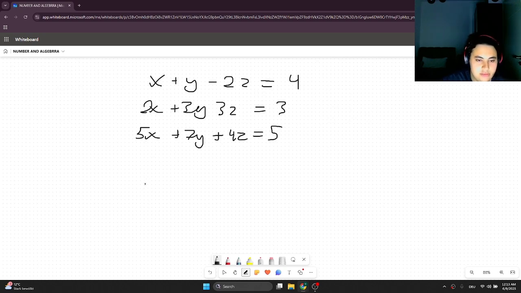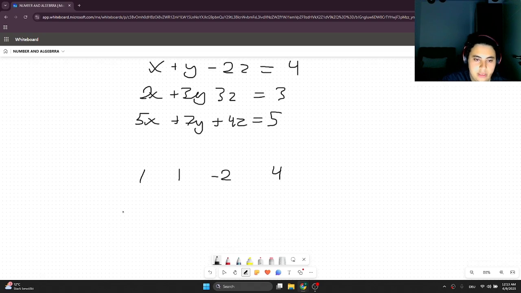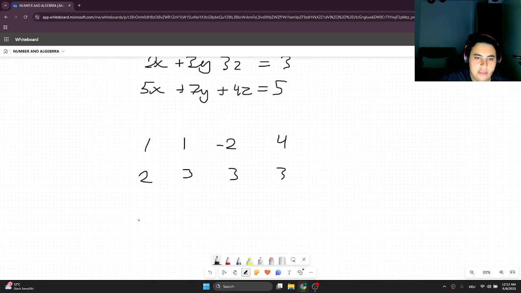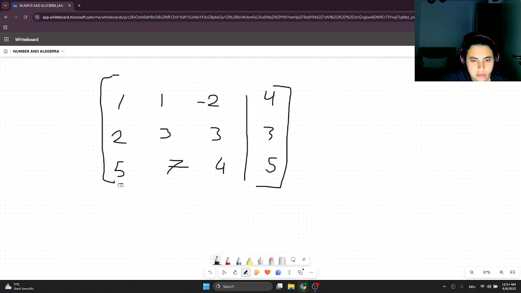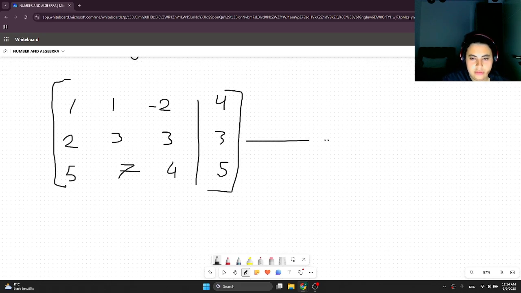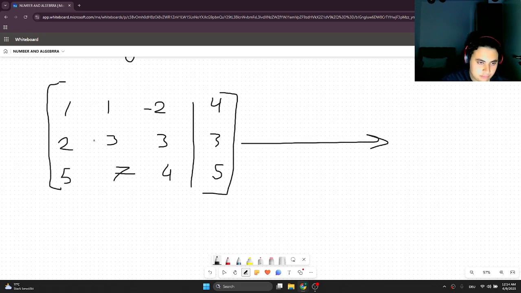So now to set up the matrix, we have 1, 1, negative 2, and 4. Then we have 2, 3, 3, 3, and then 5, 7, 4, 5. Vertical line, brackets around, and there we have our matrix system. Now we're going to multiply this one by negative 2, because we want these values to be 0.